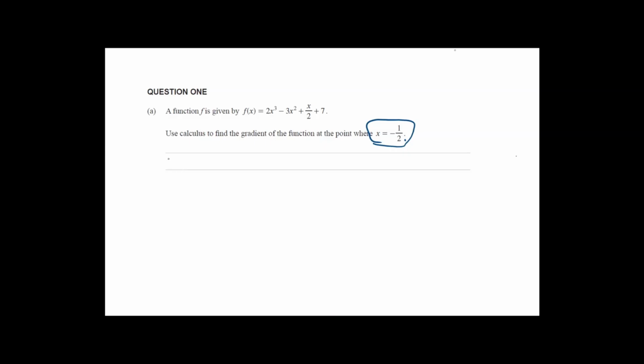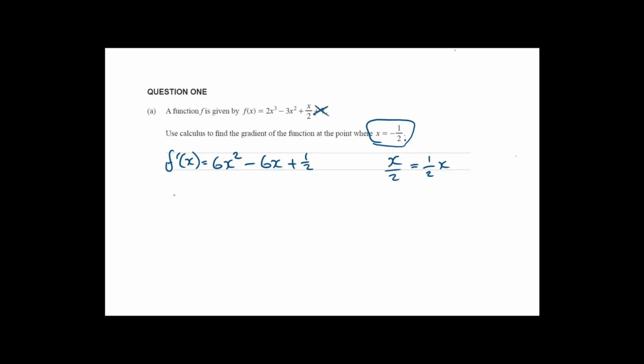Okay, so f of x is that, then f prime of that is going to be 3 times 3 is 6 x squared minus 6x plus a half. Remember that x over 2 is the same as half x, and the 7 goes away.